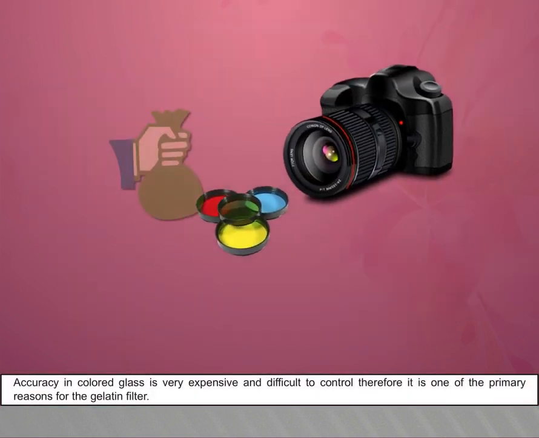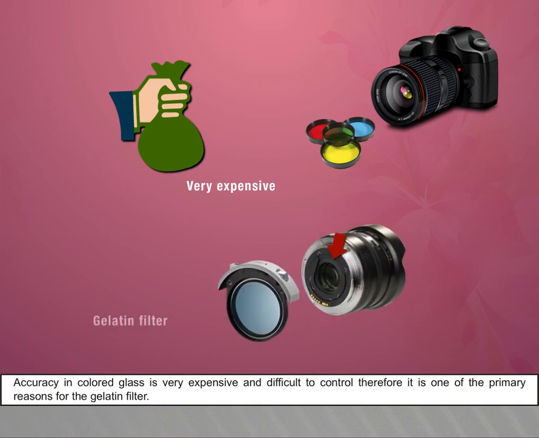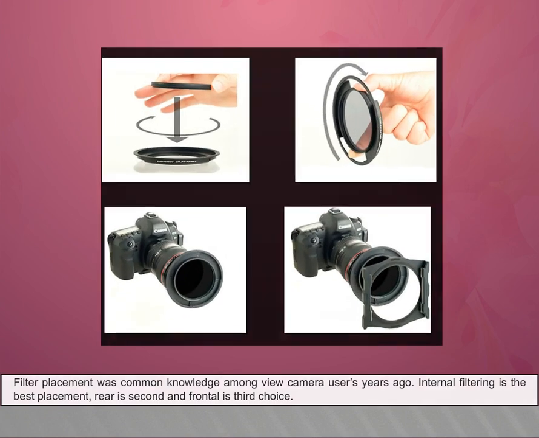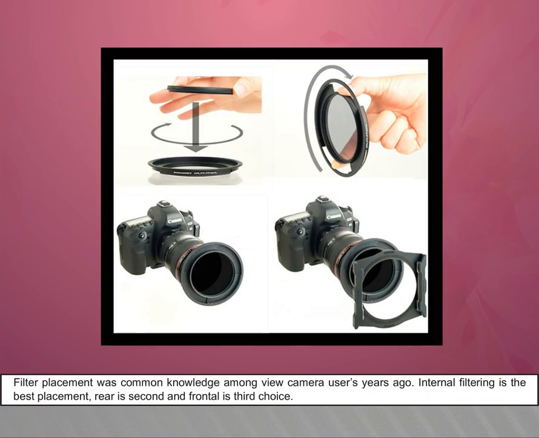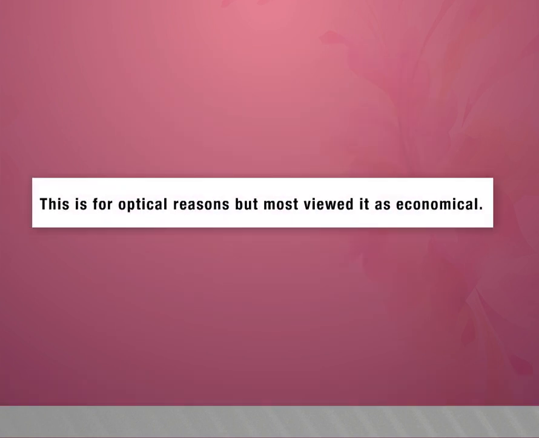Accuracy in colored glass is very expensive and difficult to control, therefore, it is one of the primary reasons for the gelatin filter. Filter placement was common knowledge among view camera users a year ago. Internal filtering is the best placement, rear is second, and frontal is third choice. This is for optical reasons, but most viewed it as economical.